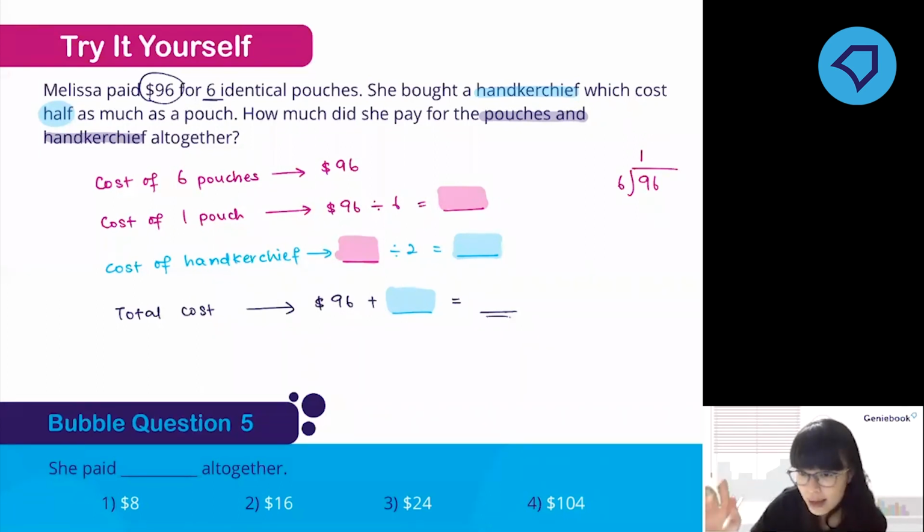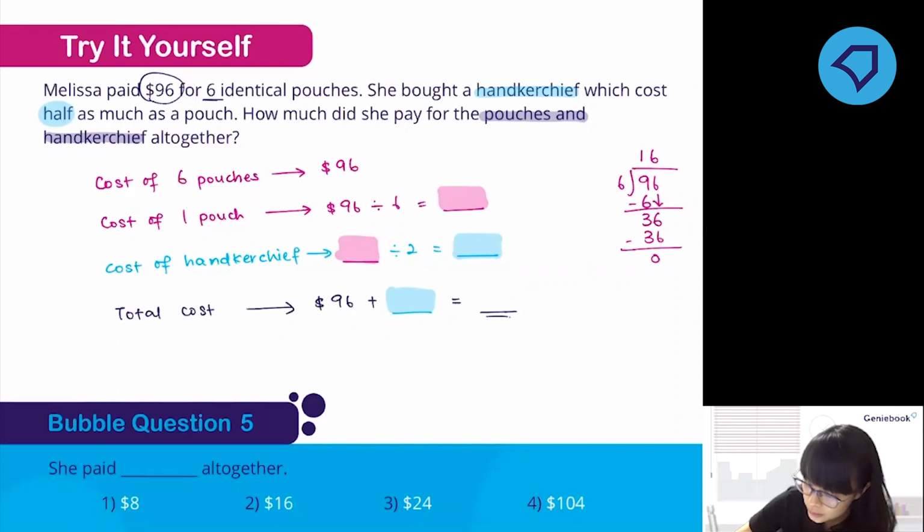So in 9, you have 1 complete group of 6, which is 6. When you minus, you have 3. You bring down 6, you have 36. So you take 36 divided by 6. 36 divided by 6 is equal to 6. Okay? So 6 times 6 is equal to 36, minus equals 0. So this one would be $16.